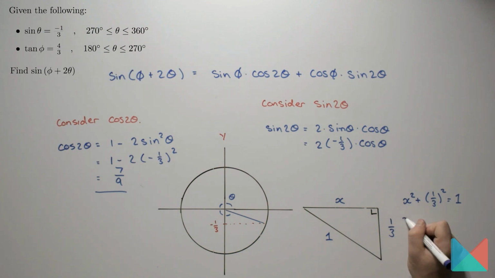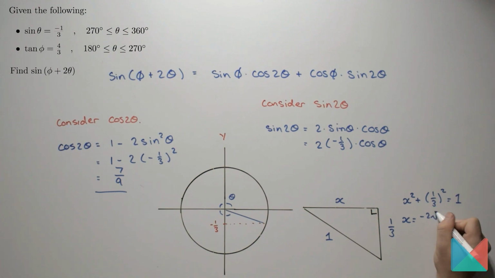And solving for x, we'll get 2 solutions. We'll get x is equal to -2√2/3 and +2√2/3. And because we're dealing with lengths on a triangle, we can't have a negative length, so we're going to cross out our negative solution and only consider our positive solution for x.